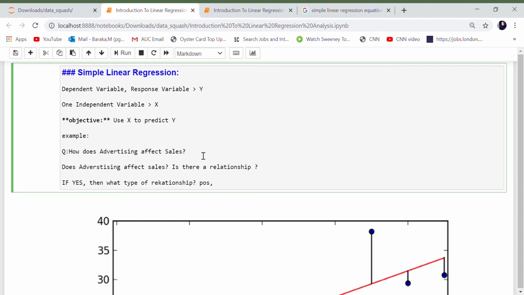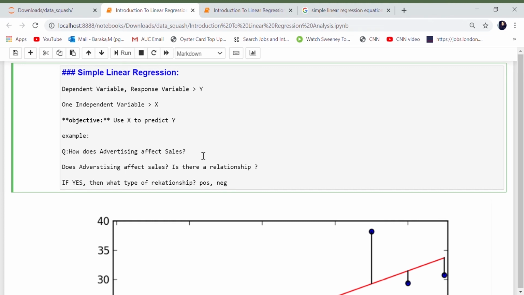So this is a positive relationship, or there's a positive correlation between money spent on advertisements and sales. Or there is a negative relationship, which is basically if we increase the money we spend on advertisements, that will actually bring down our sales somehow. So this is another question that you want to ask.